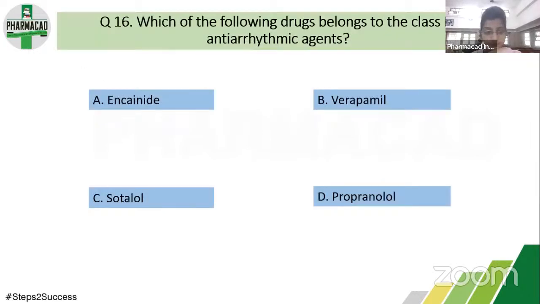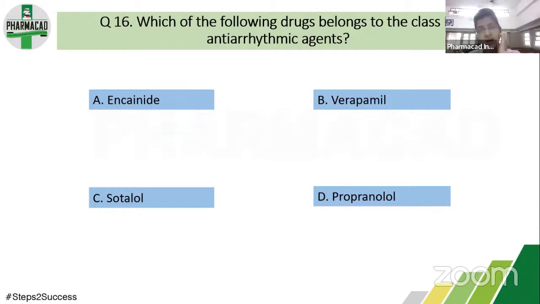So moving on with the next question, which of the antiarrhythmic drugs belongs to class 4 antiarrhythmic agents? So again, as I said, the classification is your base. You need to know your classification well in order to solve MCQs like this. This is a one-step answer. You don't have to think for this if you know your classifications well.